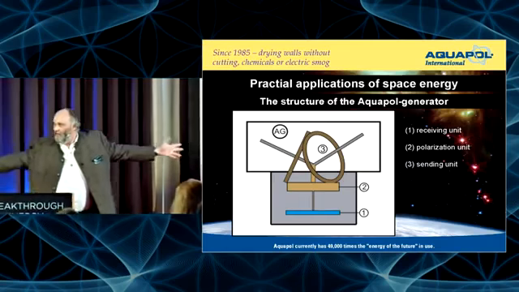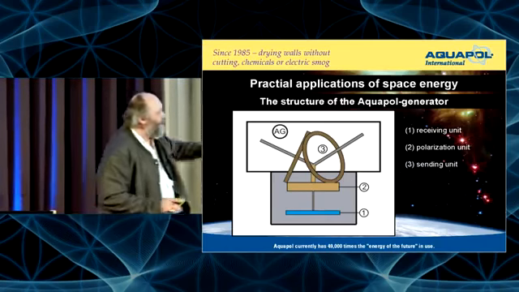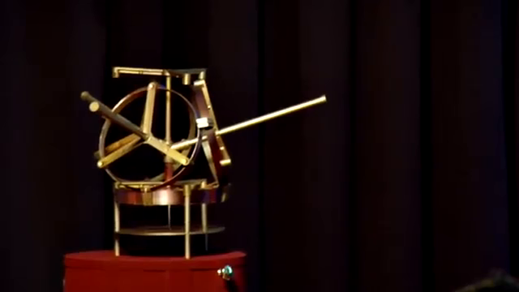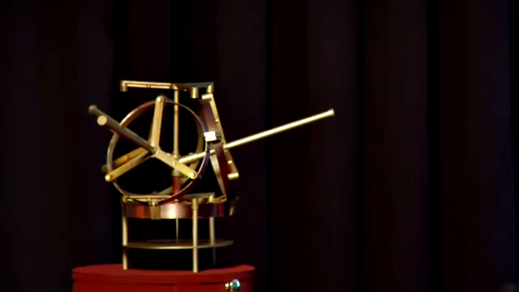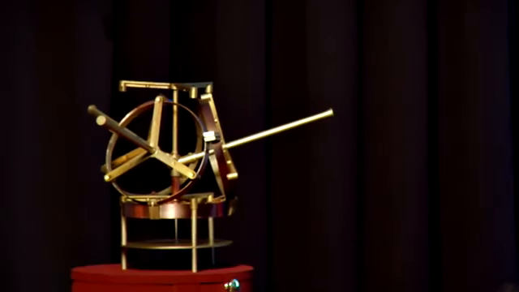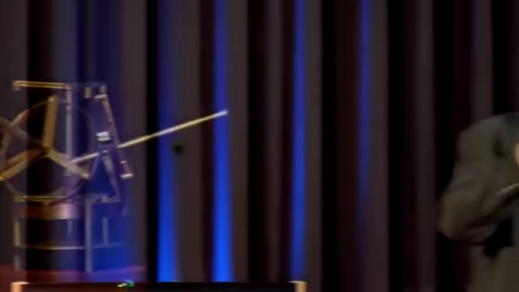Okay, good. So as you look here, one is the receiving unit. This receiving unit is basically a spiral, a very special spiral system which is totally selected for this frequency of hydrogen.